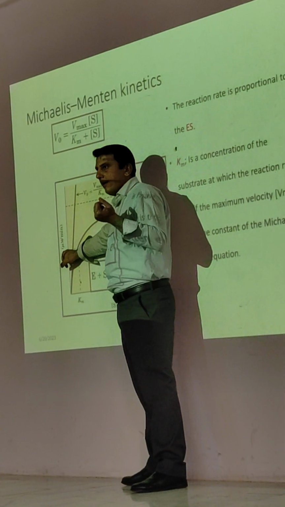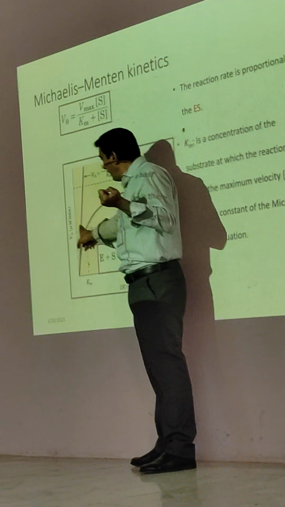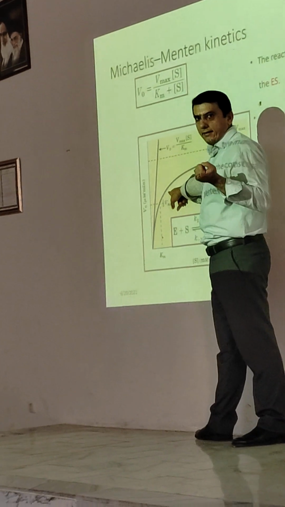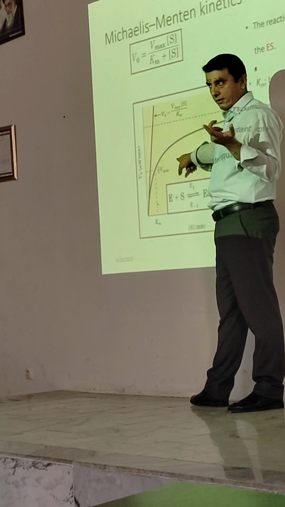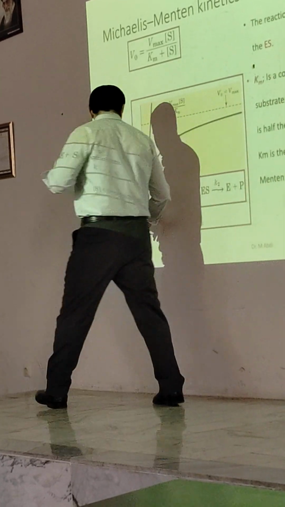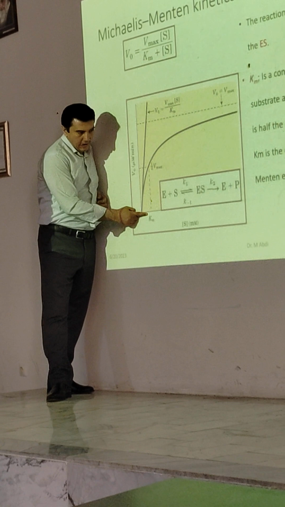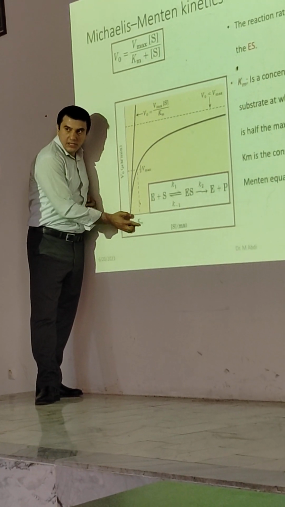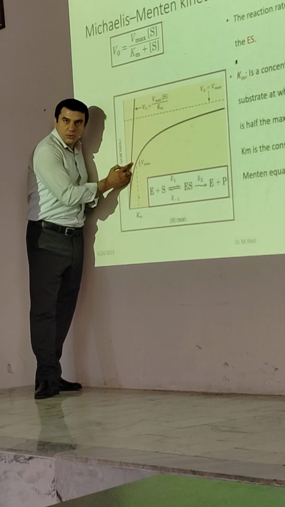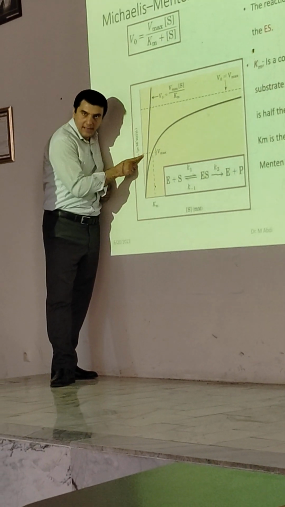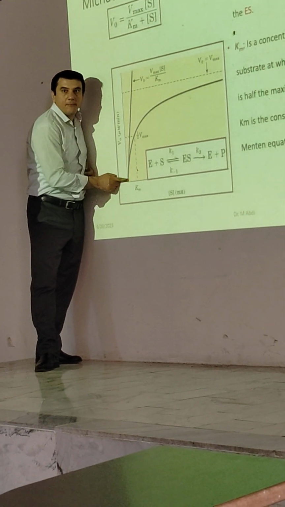This is half of Vmax. As you can see, if you look at this point, the concentration of substrate which is needed to produce half of Vmax is named Km.